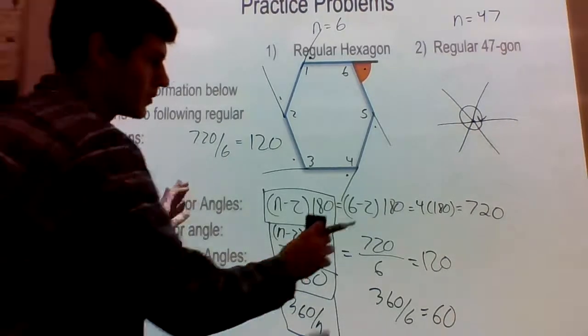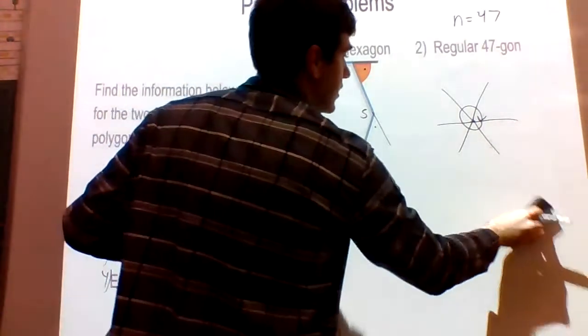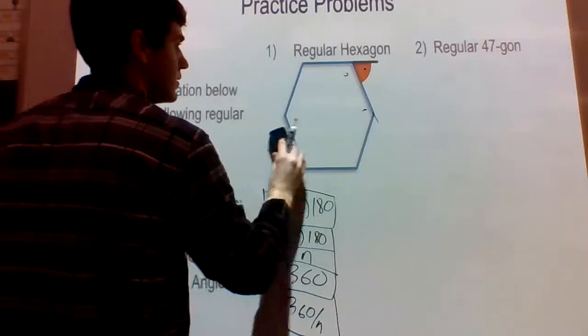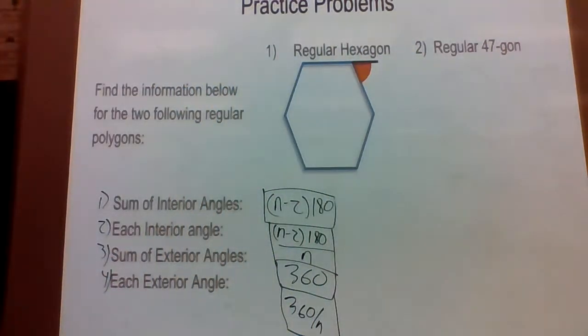So I'm going to leave the formulas, but I'm going to erase the rest here. And we'll do number 2, which is the 47-gon. The 47-gon has 47 sides.